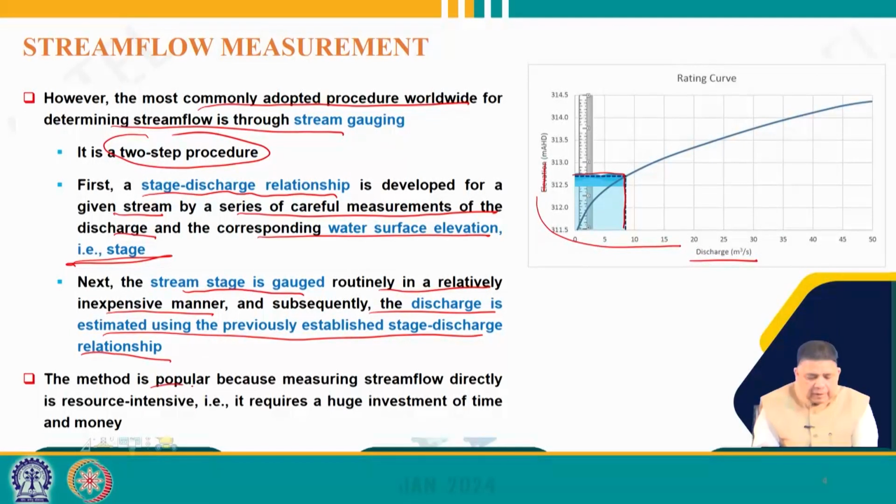The method is popular because measuring streamflow directly is resource intensive and requires a huge investment of time and money. That is why this inexpensive way of just measuring the stage and then using the stage discharge relationship is the most commonly adopted procedure worldwide for estimating discharge.